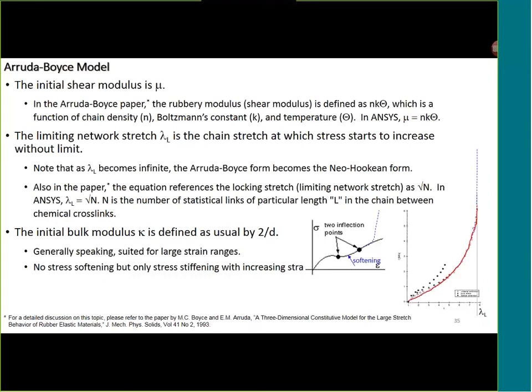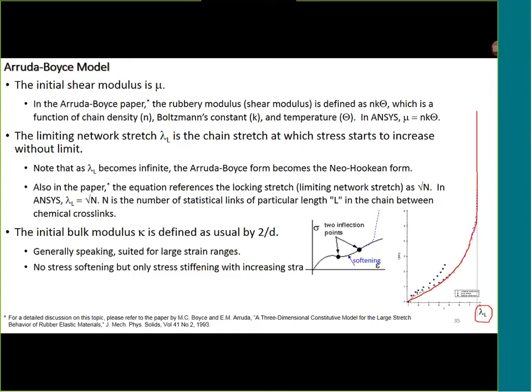After a particular strain, the stress will increase, or the material becomes very stiff, and it may lead to infinite stress beyond a particular deformation. That particular value is called the limiting stretch value.